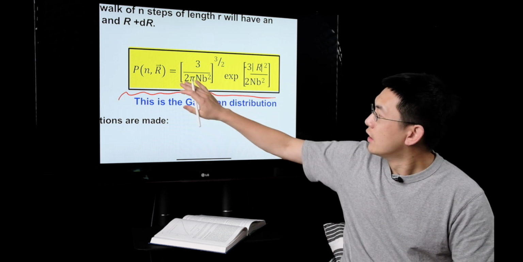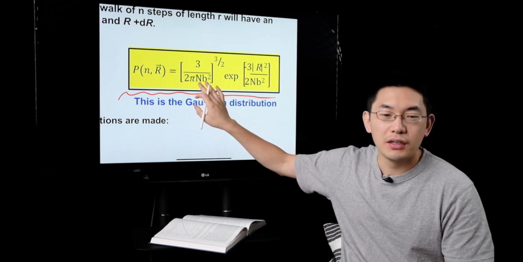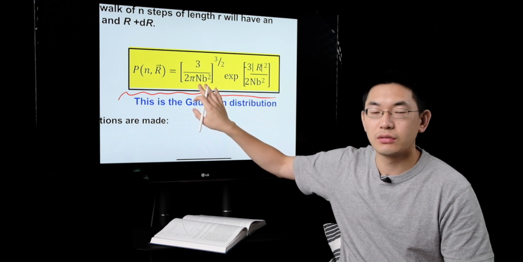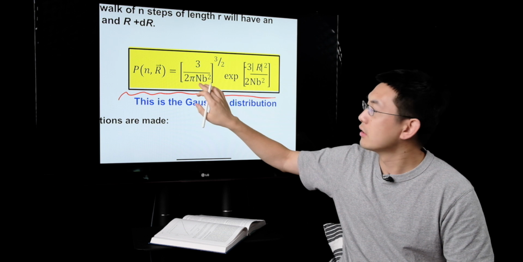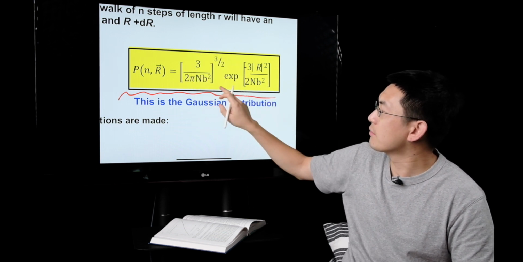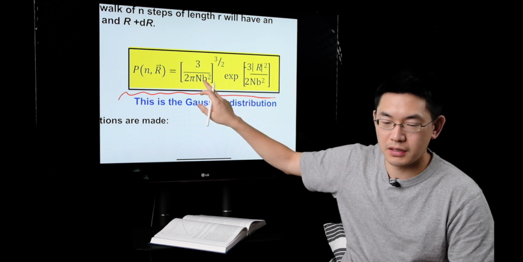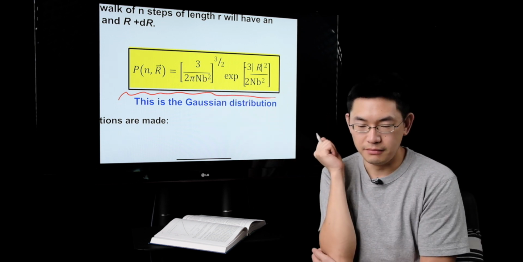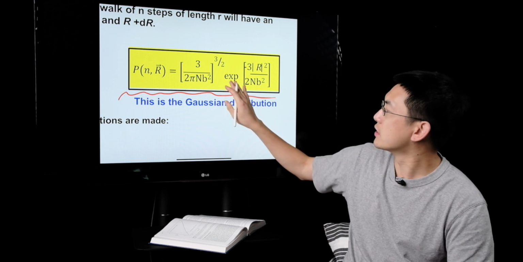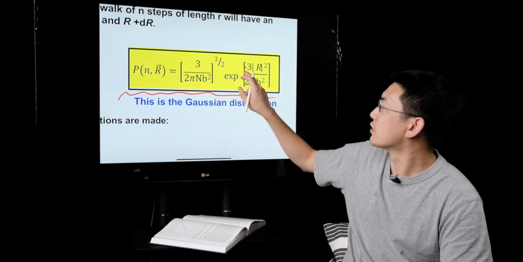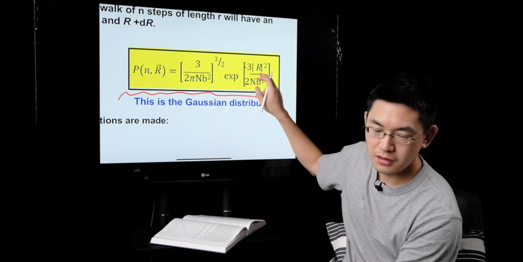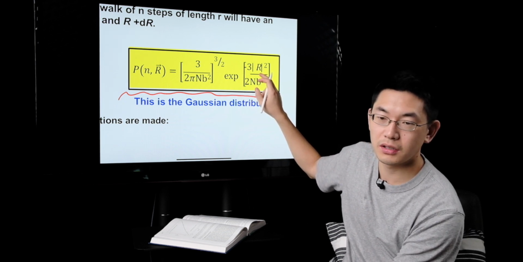So if your polymer is chosen, this end-to-end distance n b squared will be fixed, so you won't need to worry about this part. It will be a constant. You can think of everything before the exponential as a constant. Then in the exponential, it follows a Gaussian distribution because it's exponential minus r squared. r is the distance from your molecule to the origin.